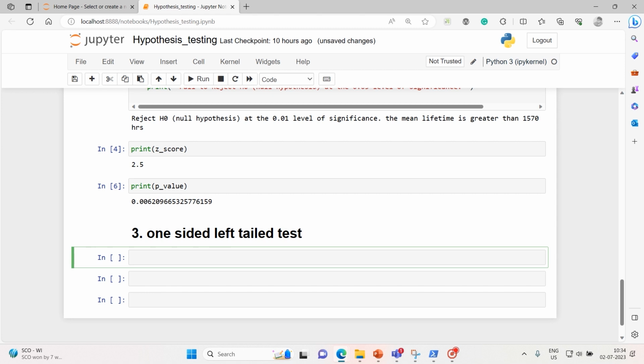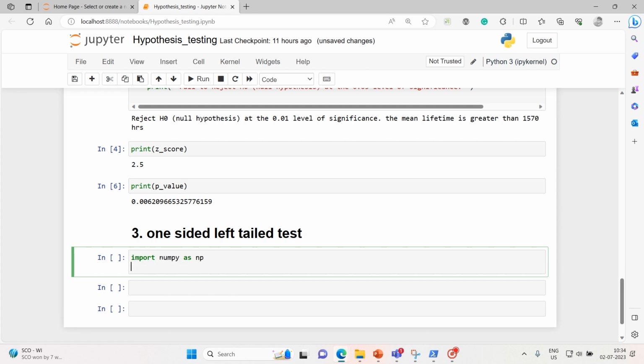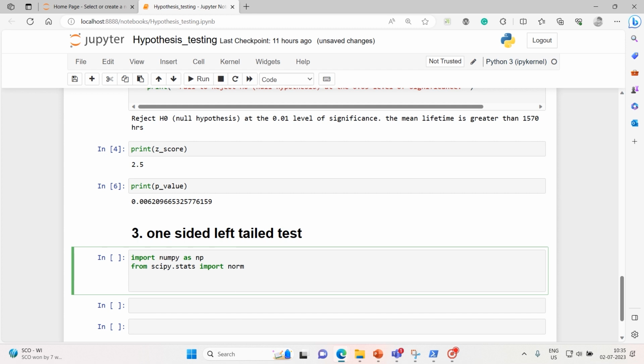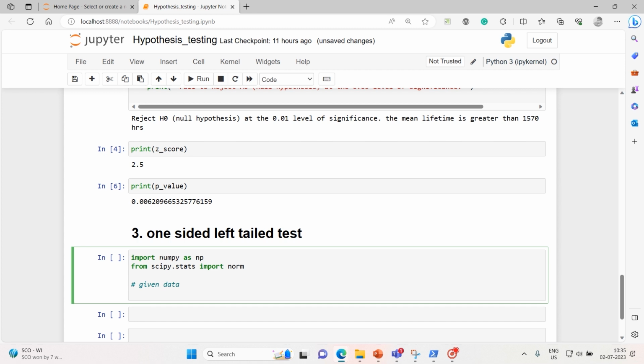Let's start writing the piece of code for this, and let's begin with importing the required libraries. Let's import numpy as np, and from scipy.stats import norm.